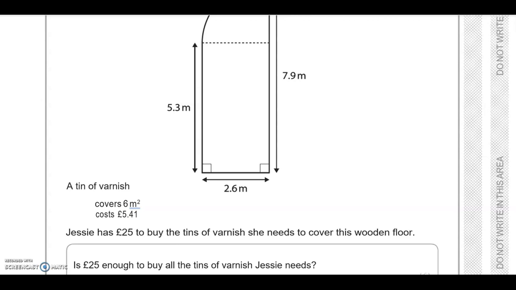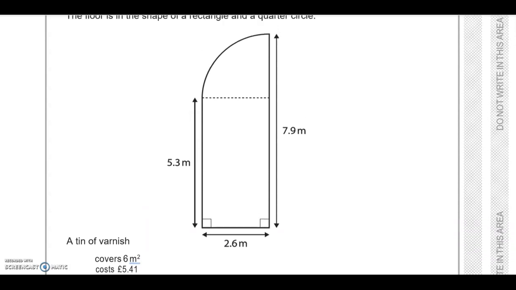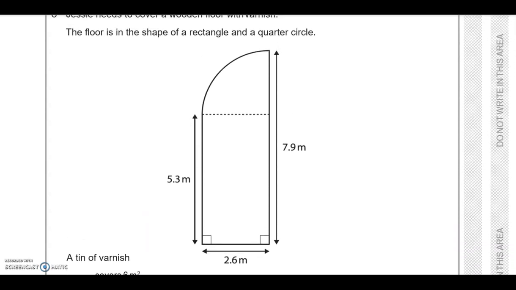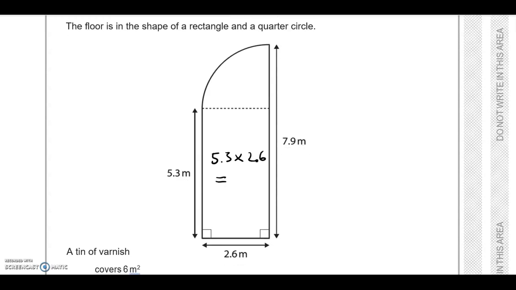So let's have a look at the area of this shape. So we've got the rectangle, which we can easily work out the area of by multiplying 5.3 by 2.6, the 2 dimensions, and that gives us 13.78.